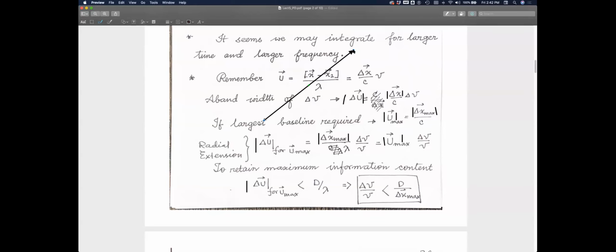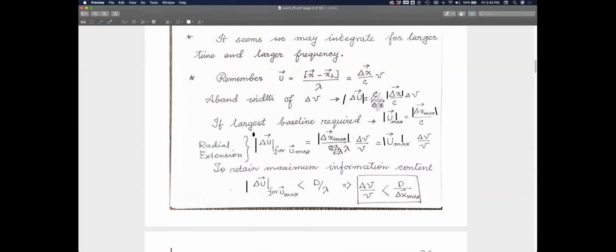So say this is the vector in the baseline plane. The amplitude of this vector is delta x by c into nu. And if I change nu, the amplitude of this vector will change, right? So this spread in the frequency will give you a spread in the baseline in the radial direction for each baseline. If the baseline vector is pointing to a different point in the baseline plane, it will get stretched or shrink in that direction if you change nu.